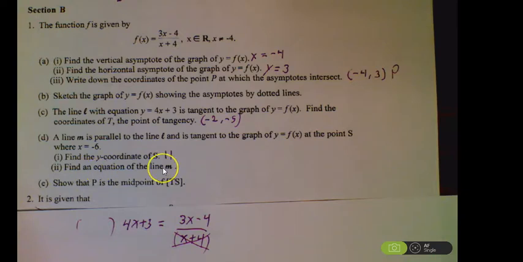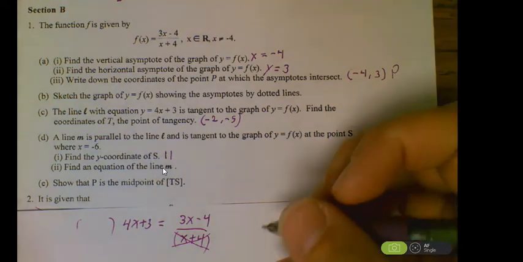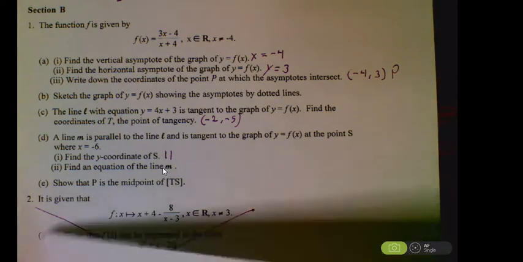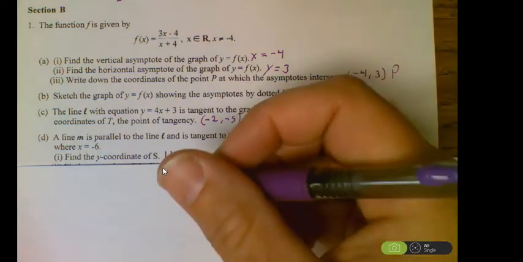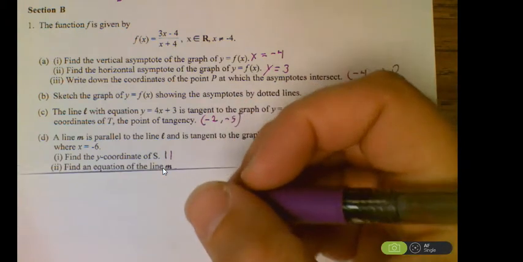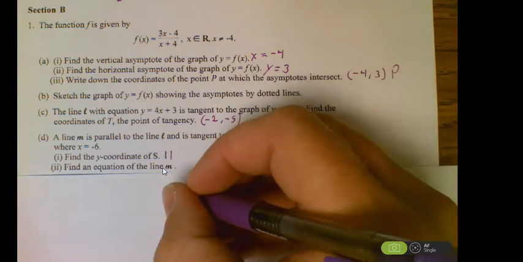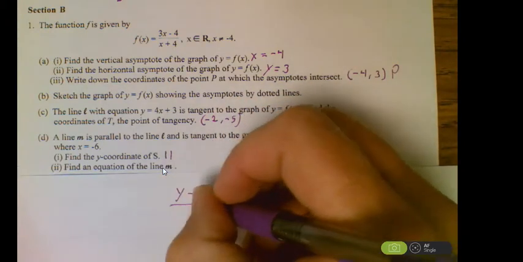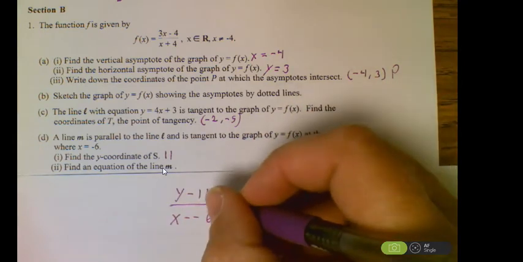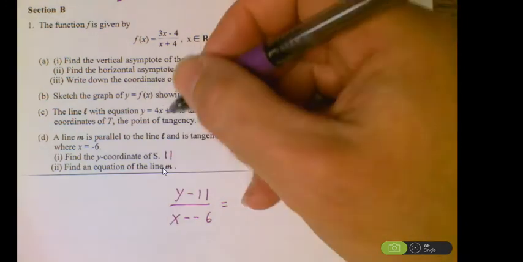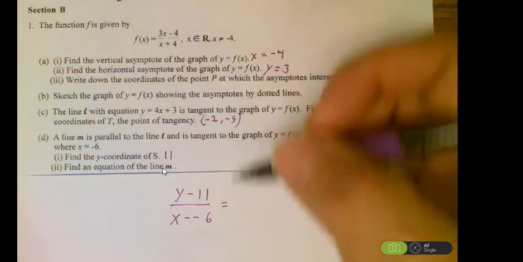So find an equation of the line. This is where we use our point slope formula. The way it's given to us in our formula packet is slightly different than the way you might have learned it in the past, but the way it's in our formula packet, we do y minus y over x minus x equals our slope, which we know is 4 because the lines are parallel.